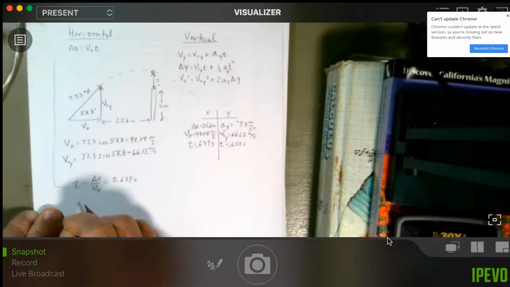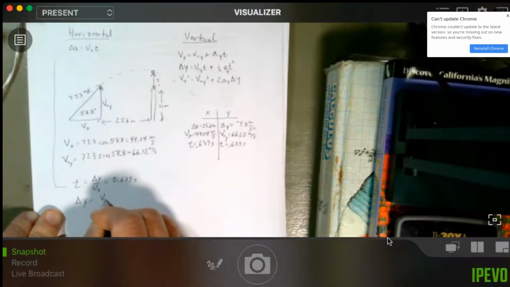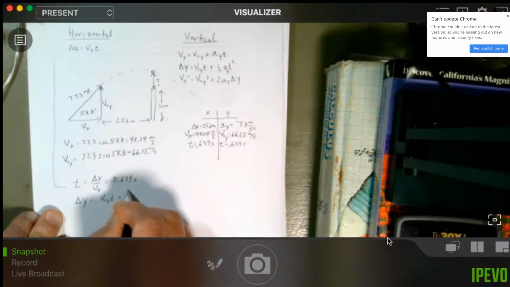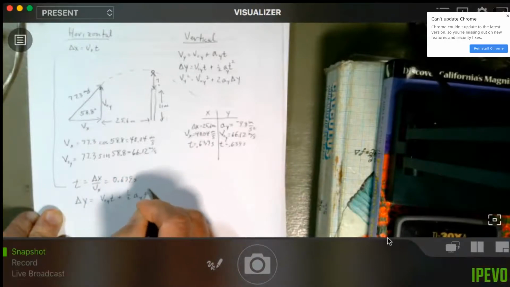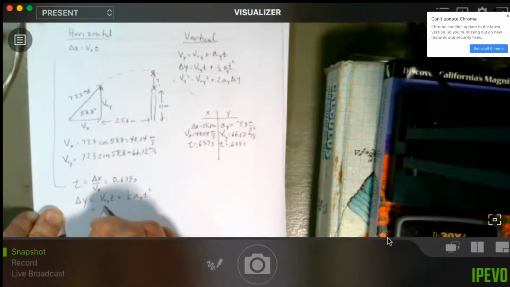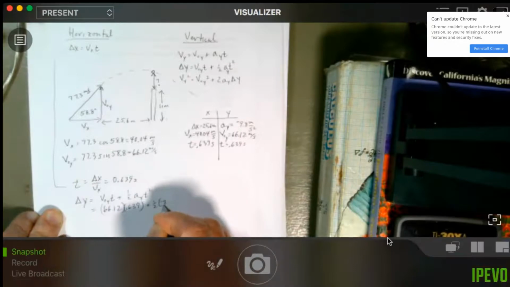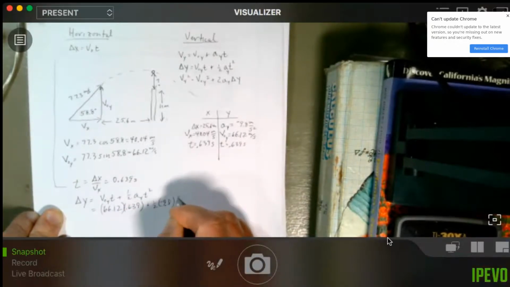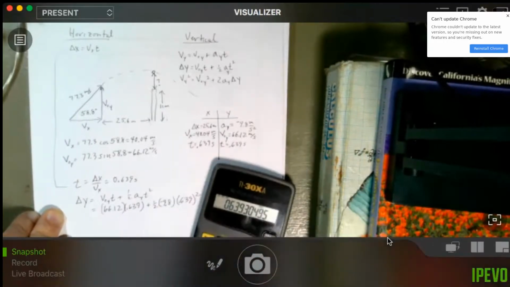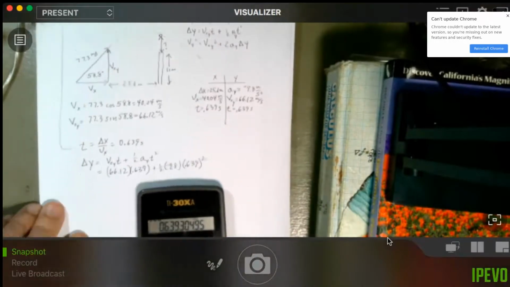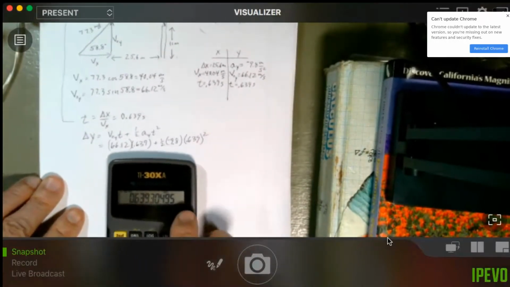Okay, so let's figure out the total vertical displacement. That equals initial velocity in the y direction times time plus 1/2 acceleration times time squared. So we've got 66.12 times our time, which is 0.639 seconds, plus 1/2 times negative 9.8 times 0.639 squared. Let's run those numbers and see what we get.